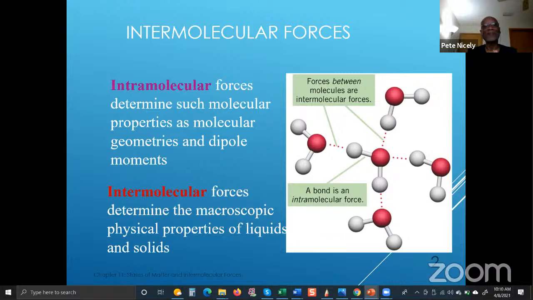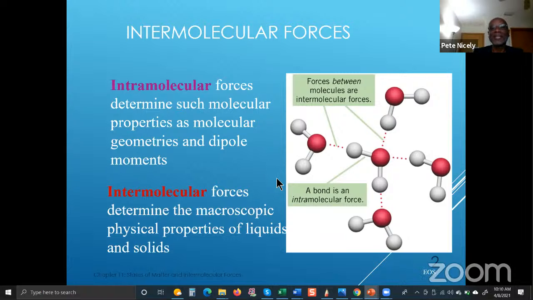Of course, these bonds and their directions will impart certain properties to the substance that it represents. So those are intramolecular forces. The intermolecular forces are those forces that exist between molecules. And what you'll find is that there's a correlation between these forces and the type of physical properties that solids and liquids especially display.